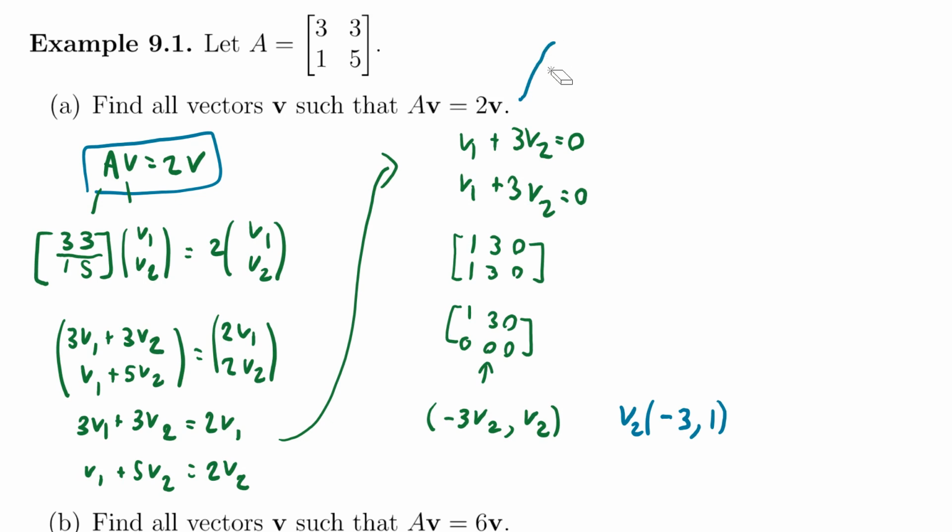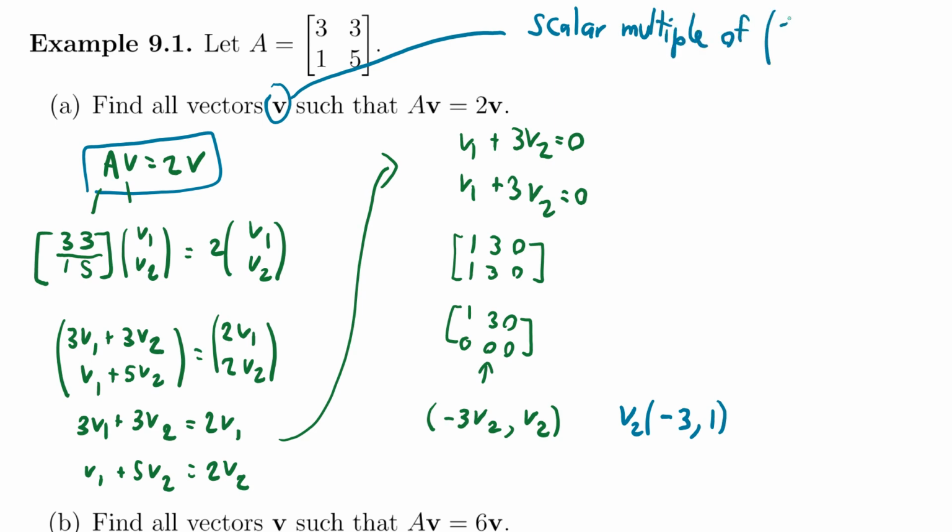So my vector v would be just every scalar multiple of (-3, 1). In other words, the vectors v would just be in the span of (-3, 1). Okay, so these guys are the vectors such that when I multiply A by the vector, I get 2 times v.